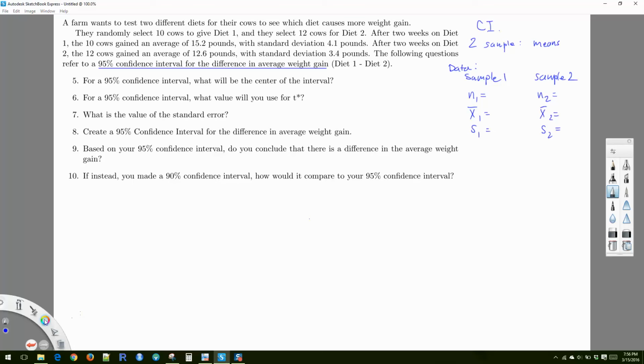All right, shall we go through and label these parts here? Okay, 10 cows give diet 1, so what's this number? n1. 12 cows for diet 2.